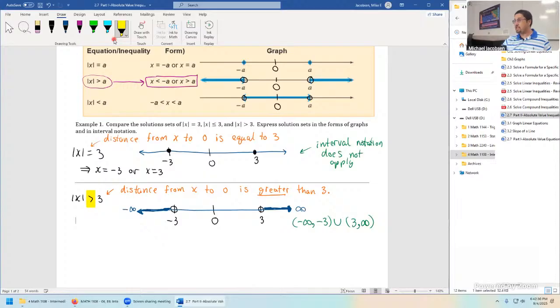If there is a greater than sign, notice this only happens for the greater than sign, when that happens, we rewrite it as x less than -3 or x greater than +3.